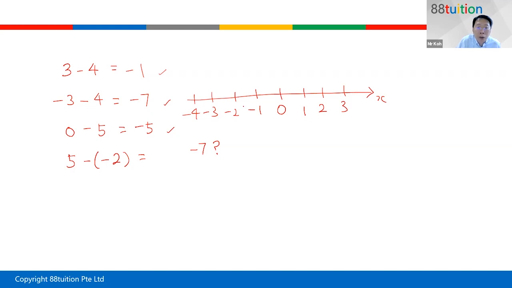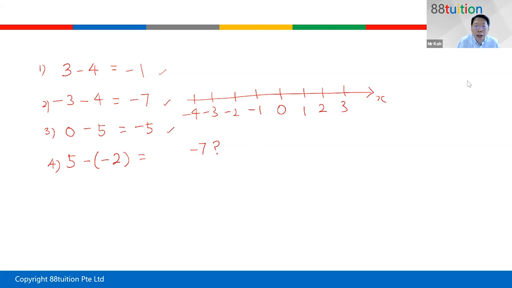Caden, what do you think the answer will be for this? Question 4. Do you have any idea, Kaden? Okay, thank you.